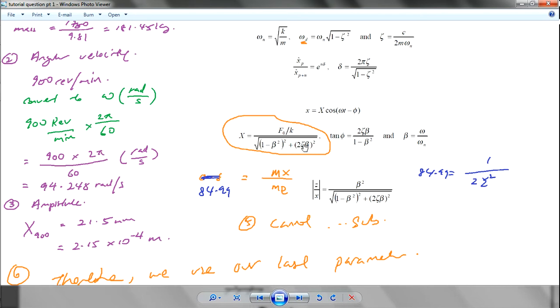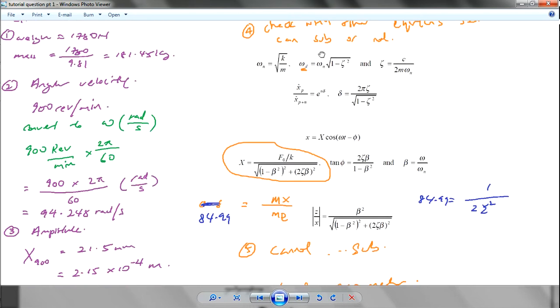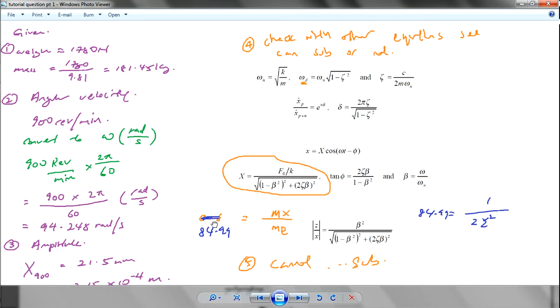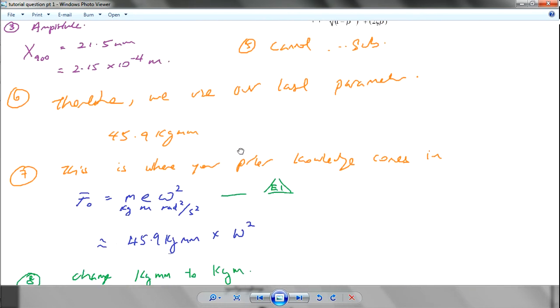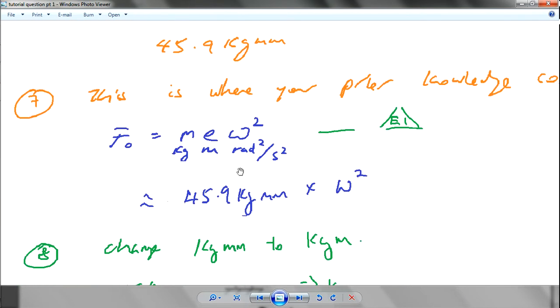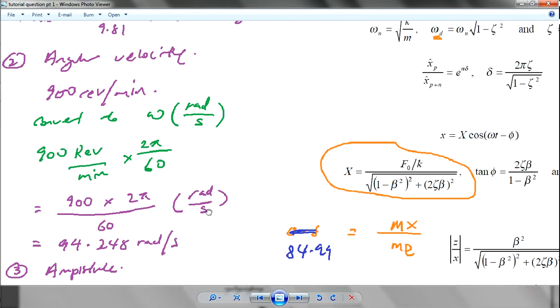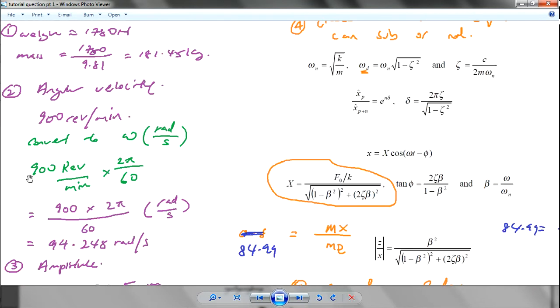The only formula you need to know is actually F naught equals M E omega squared, which is this one. The other thing you need to know is the angular velocity, how to change revolutions per minute to radians per second. That is the angular velocity, which is the system frequency.